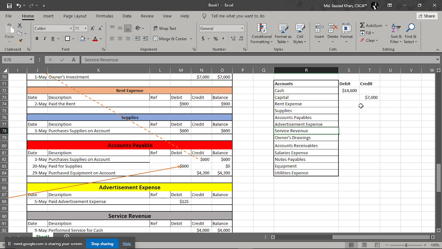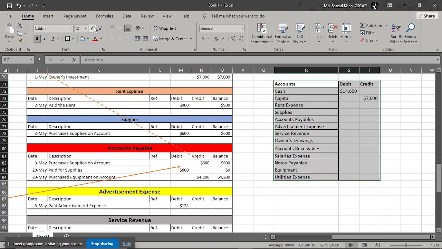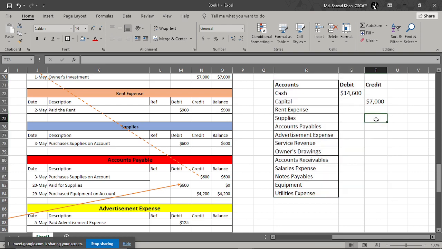Now we go for what? Rent expense. What happened to the rent expense? It was a debit. The balance was debit, so on the debit, 900. Right? For the supplies, what happened to the supplies?